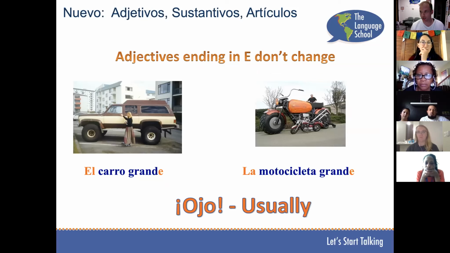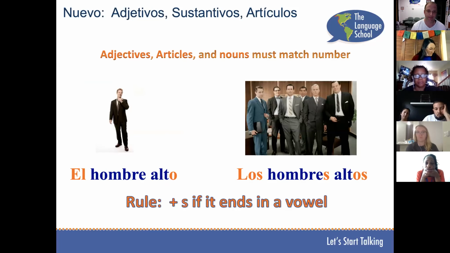Certain words are considered neutral, like grande. Typically speaking, words that end with E are going to be neutral. So, el carro grande, la motocicleta grande. Grande is grande both times, but the gender of the car and the motorcycle change in these instances. And then finally, we will have to make our adjectives plural in Spanish as well.